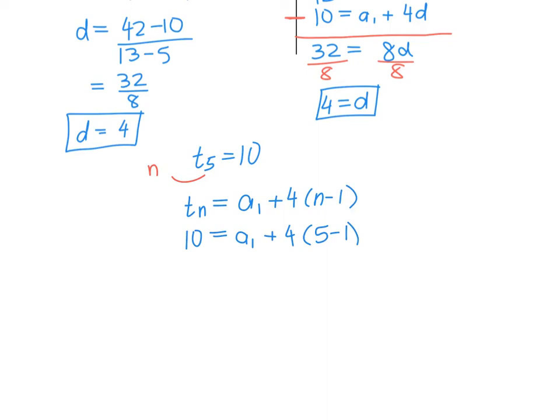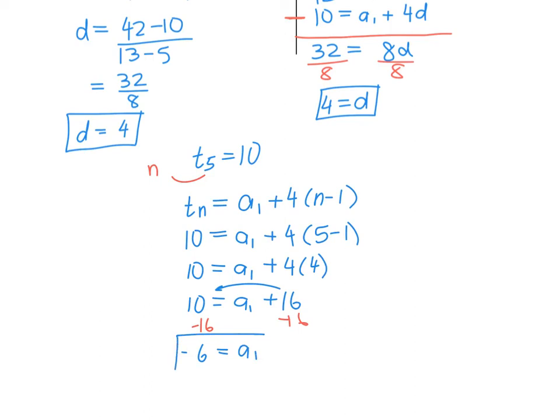And again, you can subtract 5 minus 1 right away to have 4 times 4. And now it's grade 9 isolation. 4 times 4 is 16. Bring the 16 over, and you'd be subtracting 16 from both sides. And 10 minus 16 is negative 6 for your first term.